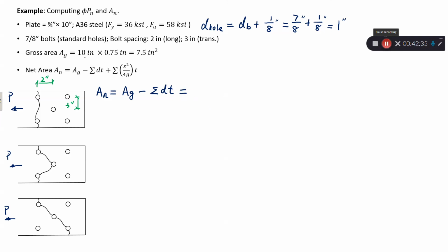AG, it says the cross-sectional area is 7.5 inch squared, minus, along the failure path, we have 2 holes, so 2 times the hole diameter of 1 inch times the thickness of the plates. The thickness of the plates is 3/4 inch.